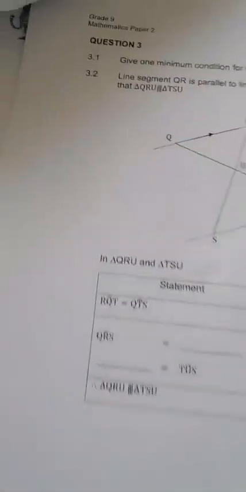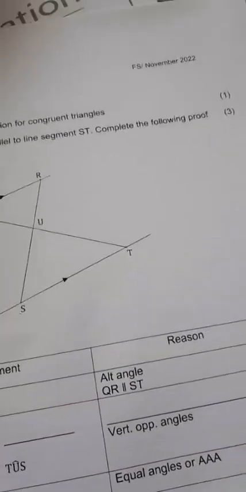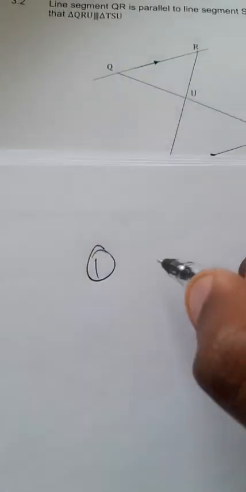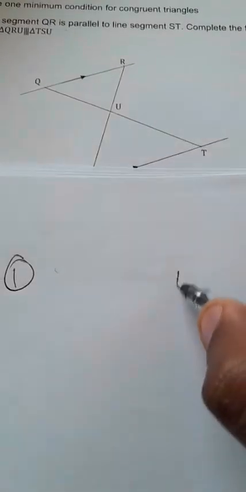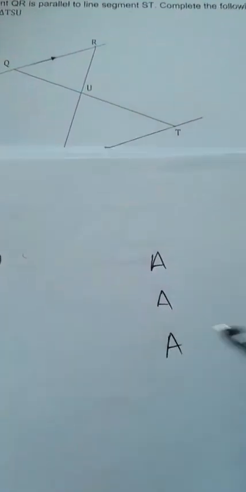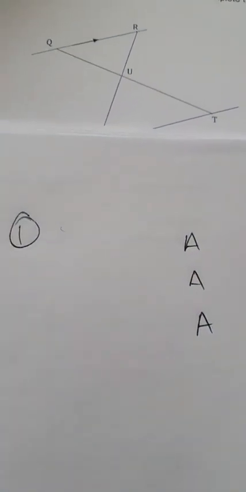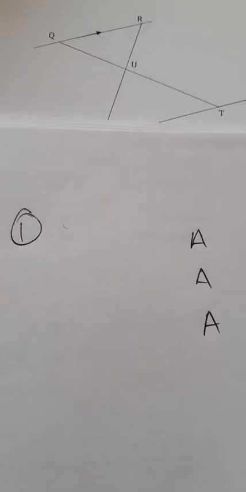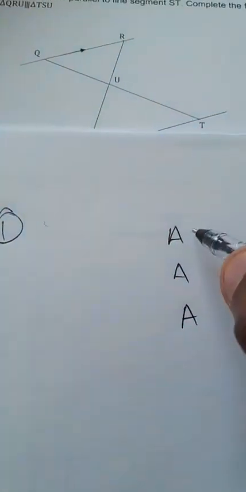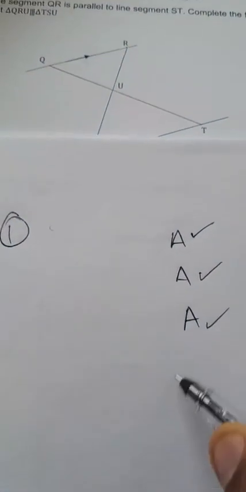Complete the following proof that triangle QRU is similar to triangle TSU. Now, guys, for similarity to hold, there are 2 fundamental cases. Case number 1 has to do with proving that 3 respective corresponding angles for the respective 2 triangles are equal. There's angle, angle, angle, which applies to similar triangles.